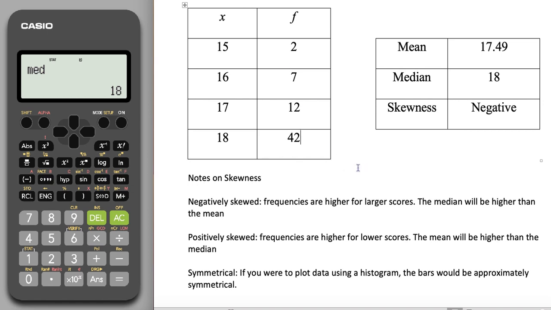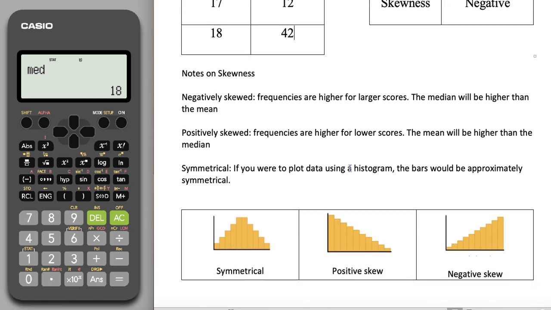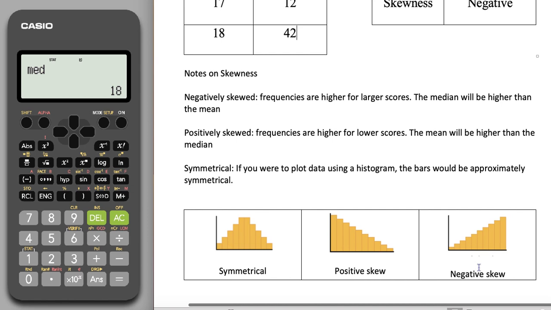Thinking about it, if you were to plot these using histograms, a positive skew, as I say, your scores are biased towards the lower end of the scores. Negative skew, complete opposite. The scores are biased towards the higher end, the higher frequency of scores at the higher end. That's a negative skew. It's perhaps a bit counterintuitive.